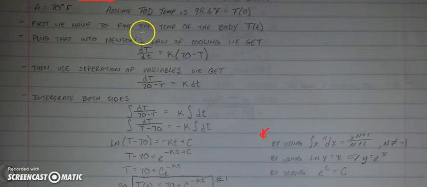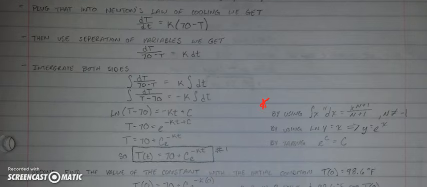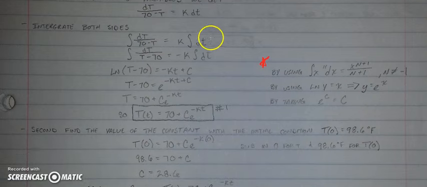First, we have to find the temperature of the body, T(t). So we're going to plug that into Newton's law of cooling equation, and we get dT/dt equals K(70 minus T). Then we're going to use separation of variables. We get dT/(70 minus T) equals K dt. Then we're going to integrate both sides.